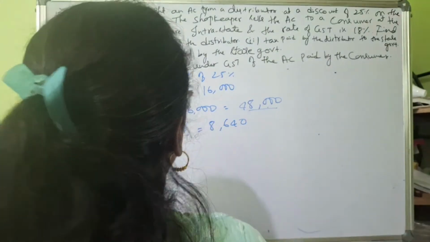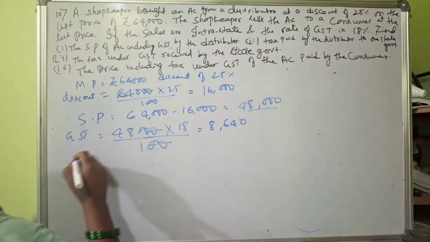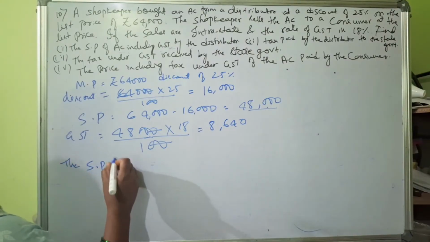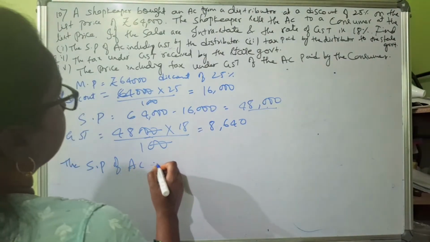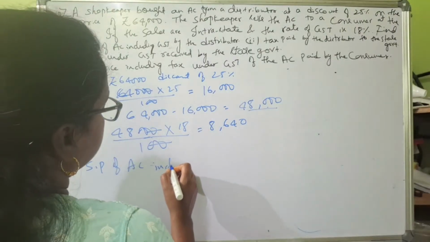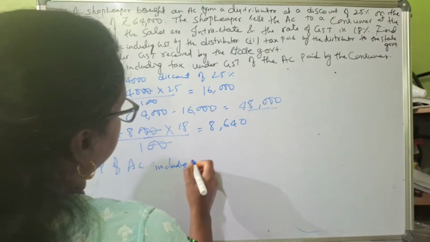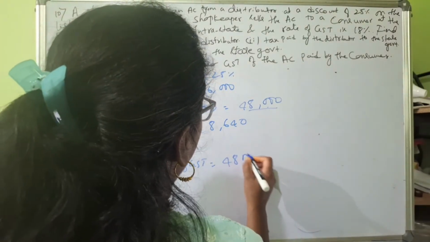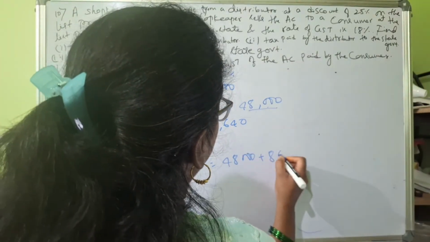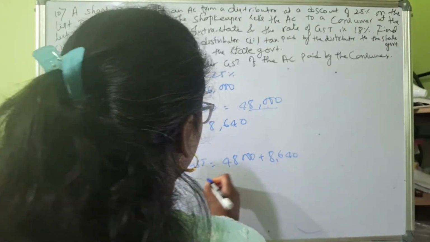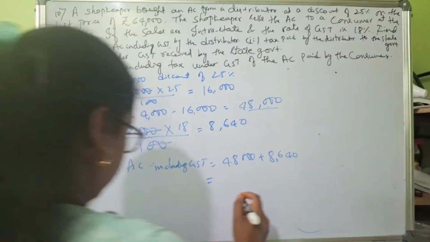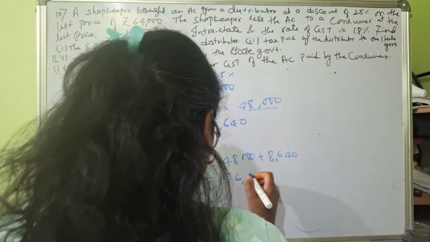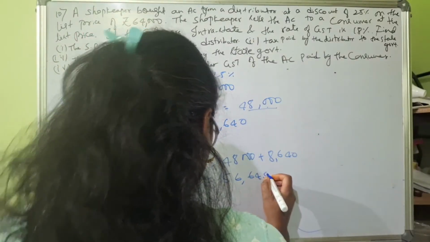So 8,640 is the GST amount. So the selling price of AC including GST is equal to 48,000 plus 8,640, which is equal to 56,640.